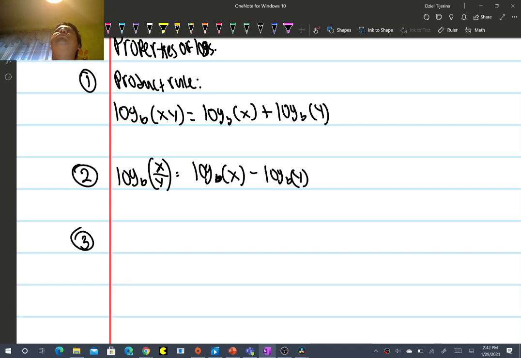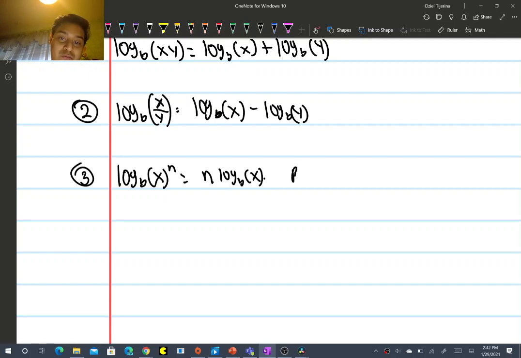Another one that I can remember is log base b of x to the n equals n log base b of x. Yeah, so this is the power rule.